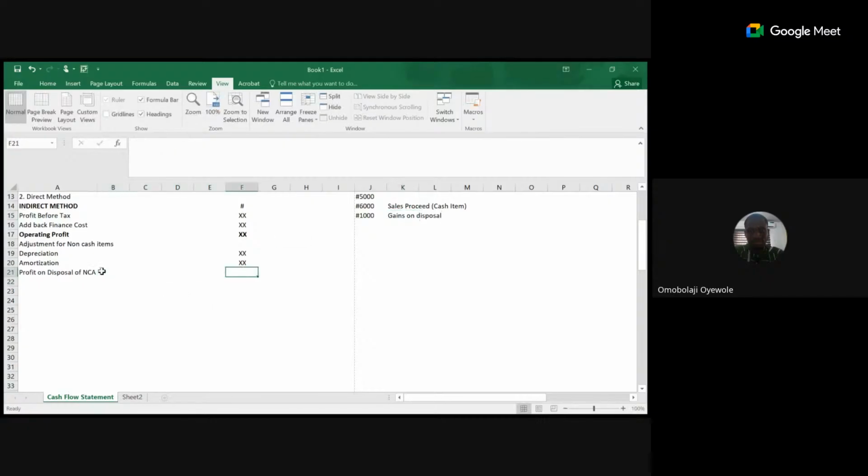We are going to deduct it, which eliminates the effect of the non-cash item.